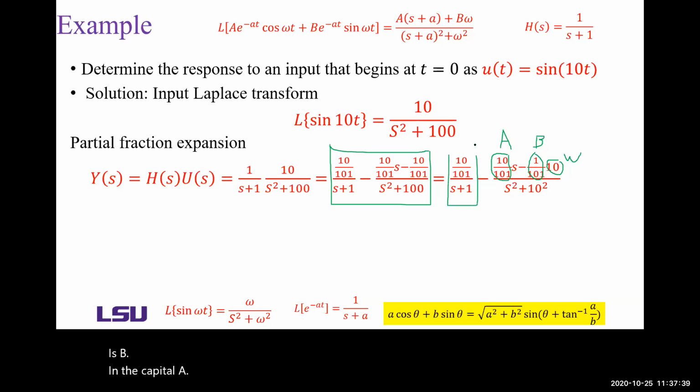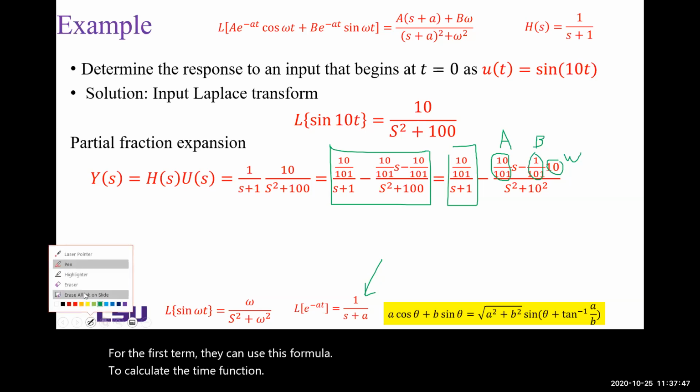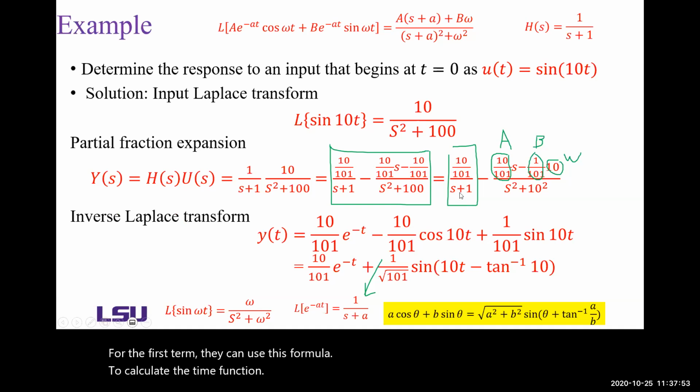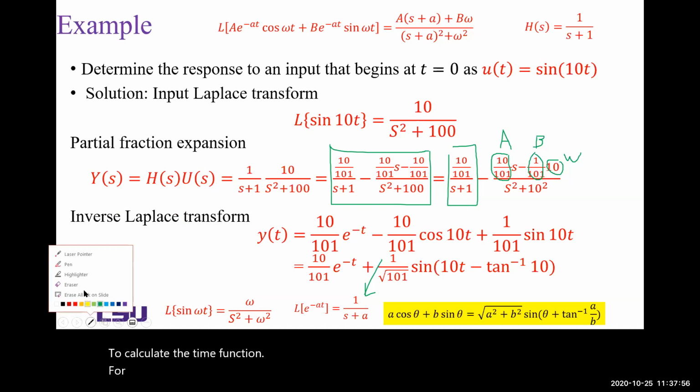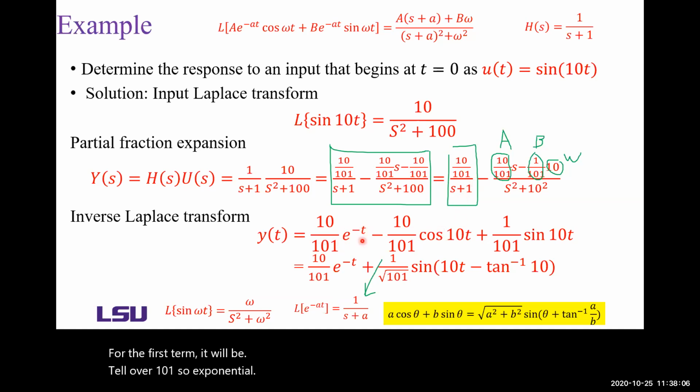For the first term, we can use this formula to calculate the time function. For the first term, it will be 10 over 101 times exponential minus t.